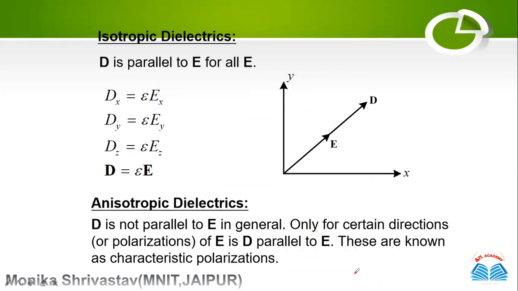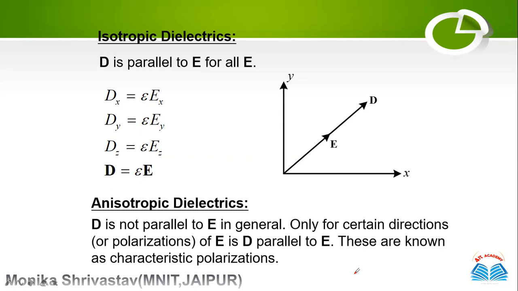Now we'll talk about some types of dielectrics. There are two types, isotropic dielectrics and anisotropic dielectrics. The only difference between the two is that in an isotropic dielectric, D is parallel to the electric field. That means the displacement vector is always parallel to the electric field vector.